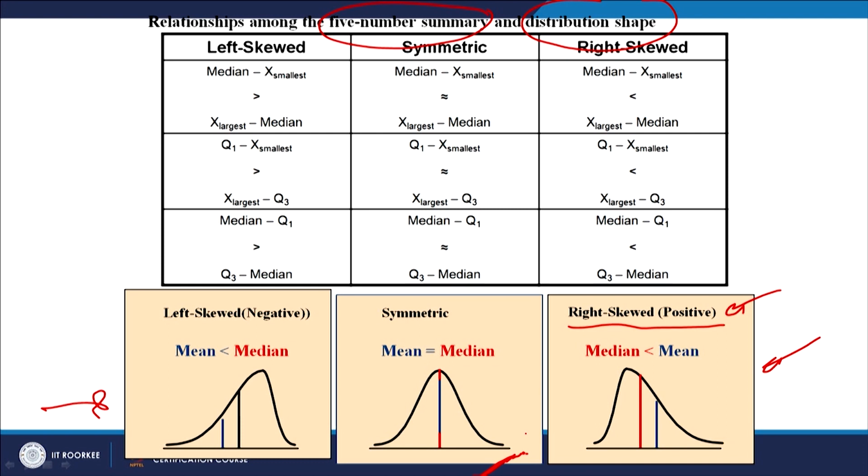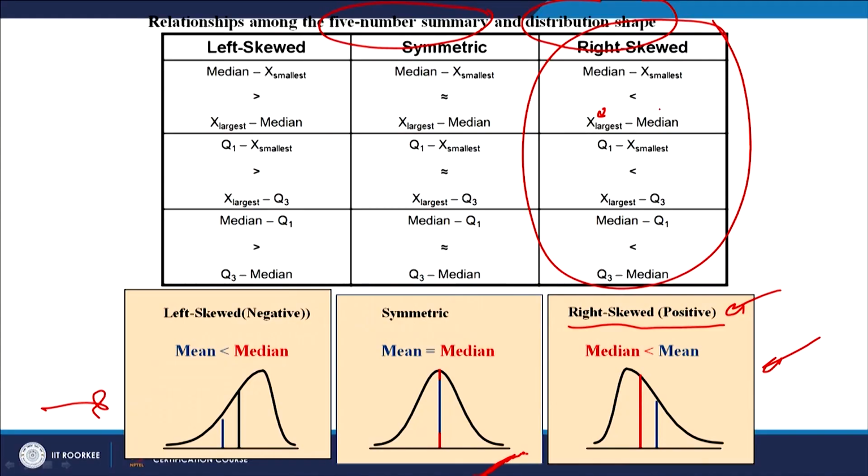So, let us find out the relationship. We will look at only the right skewed distribution. What is the relationship? Median minus smallest value will always be less than largest value minus median.